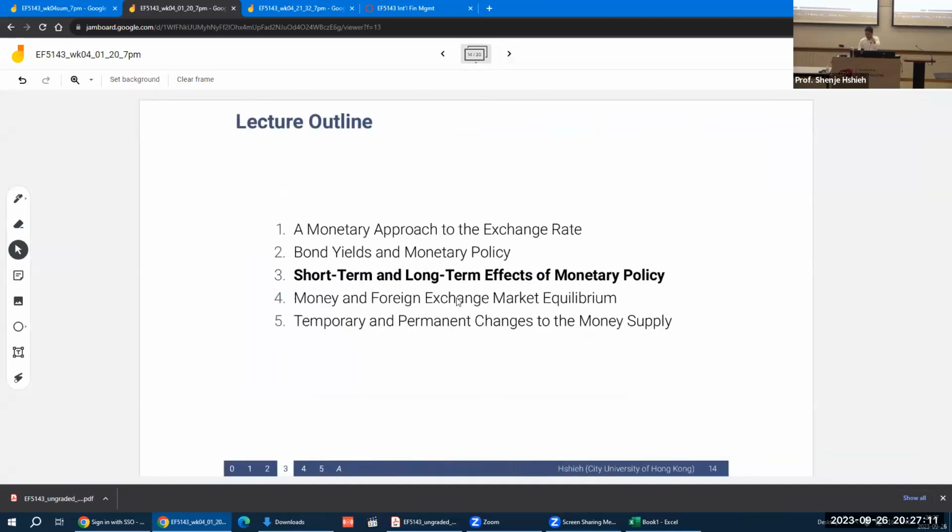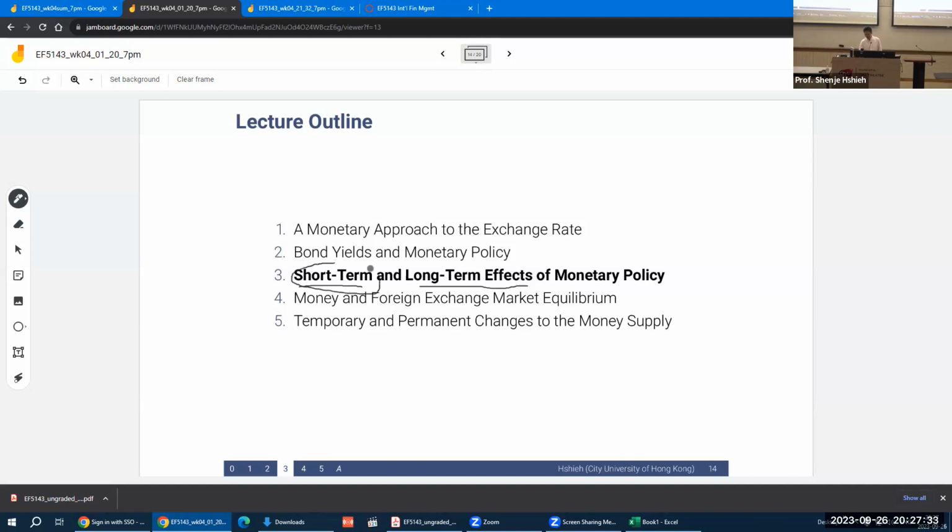All right, so what we're going to do next, maybe I'll just give you the preview and then we'll take a break. We're going to try to analyze what's called the short-term and long-term effects of changes in the money supply.